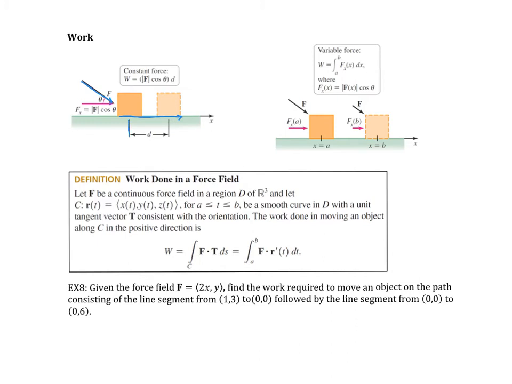So here, d is going to be the distance that this object has moved. It's a horizontal distance. And with respect to this vector f, we can look at this corresponding f sub x, which is simply the force along the x-axis, or this horizontal force.